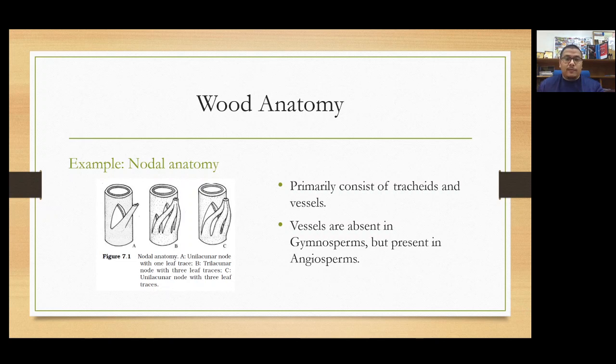The node may have a single gap, which we call unilacunar, from a single leaf trace, or three gaps, which we call trilacunar, which can be associated with three leaf traces. Like in this figure, this one is unilacunar, and this is trilacunar.